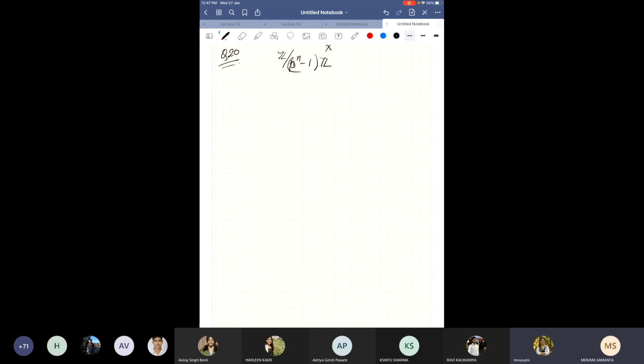Okay, so let's go slowly. You are considering the group G to be this group. What is this group? This group is nothing but the collection of all the elements of the form A bar such that GCD of A and P^n - 1 is equal to 1, right?